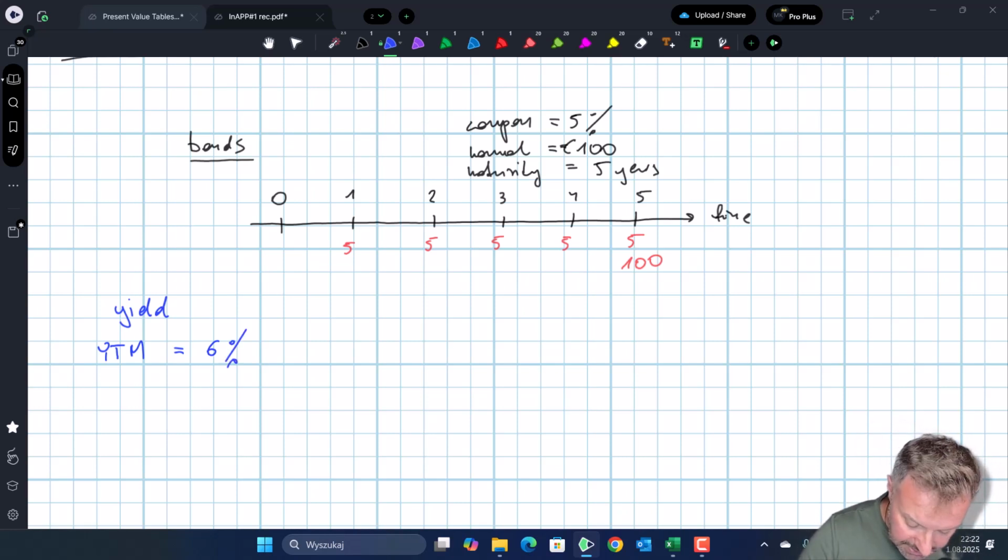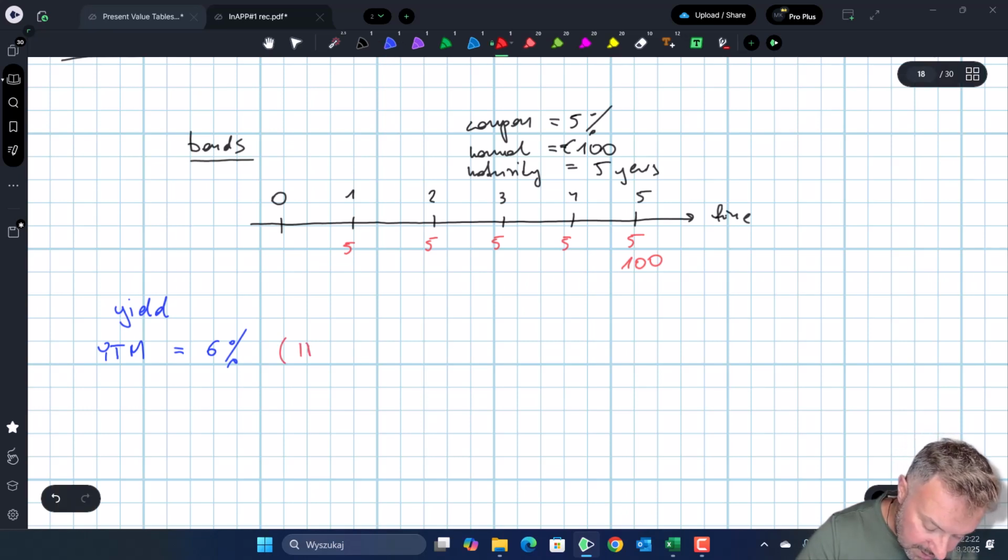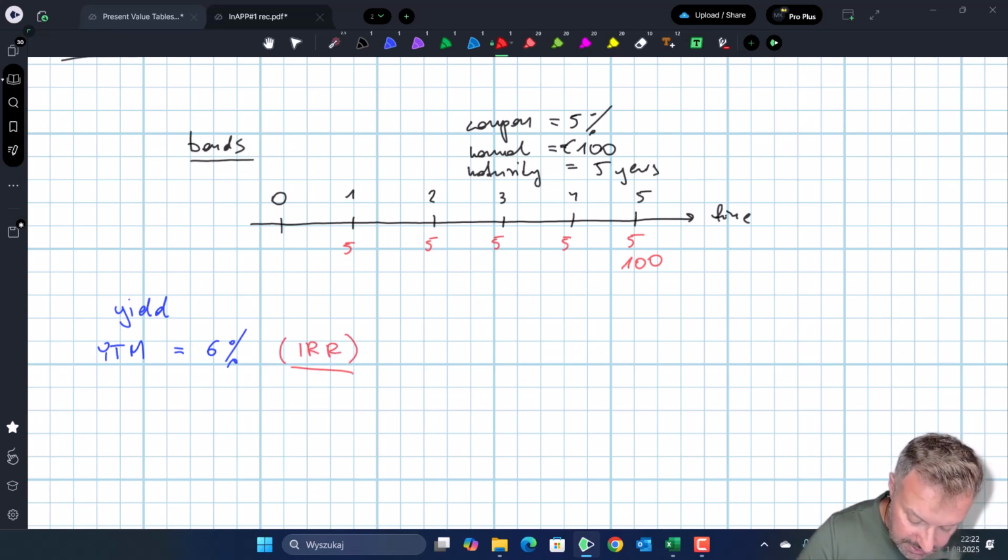This yield to maturity is nothing more than the internal rate of return on this bond, which is calculated for those contractual cash flows which were promised in the letter of issue of the bond, and discounting those amounts to the price of the bond.